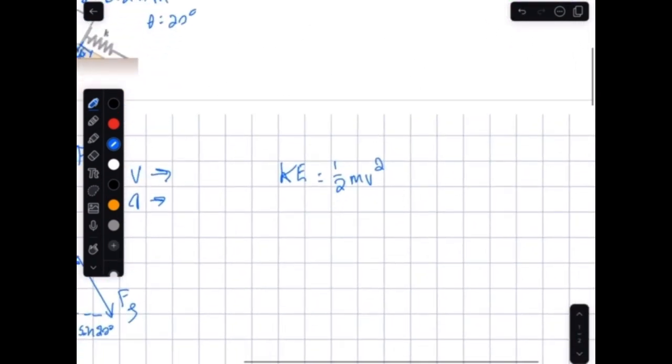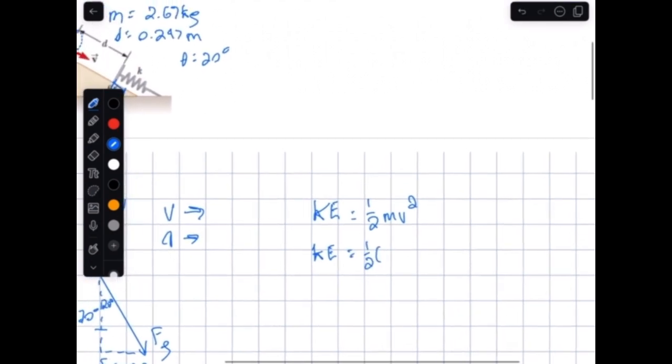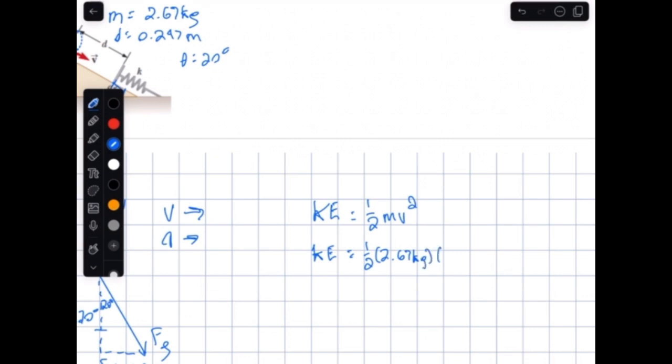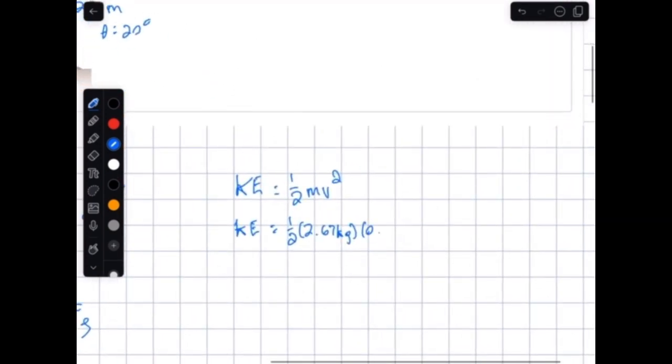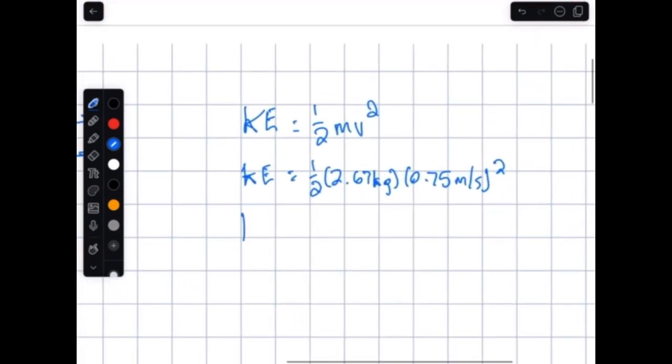Plugging this in: 1/2 times 2.67 kilograms times 0.75 squared, so kinetic energy is equal to 0.751 joules.